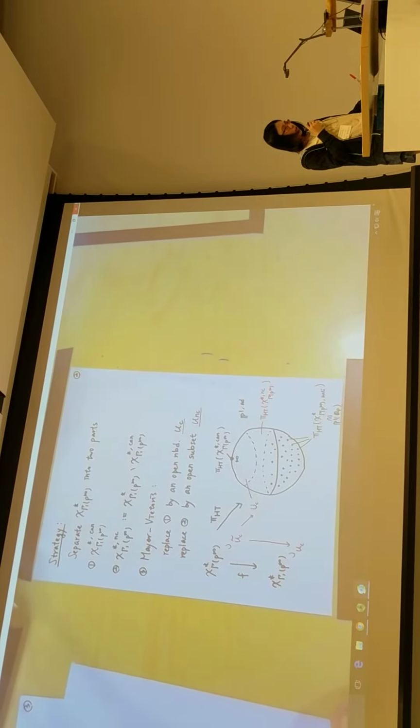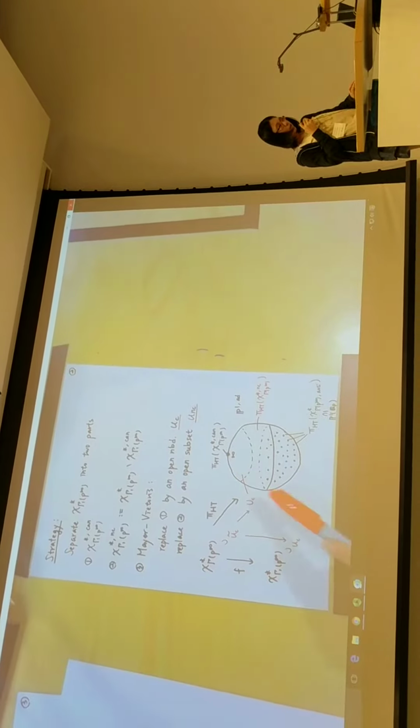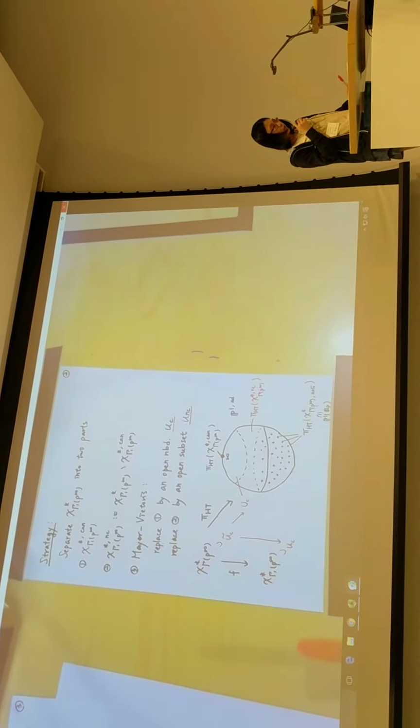And the non-canonical locus would of course map to P1 minus this infinity point.